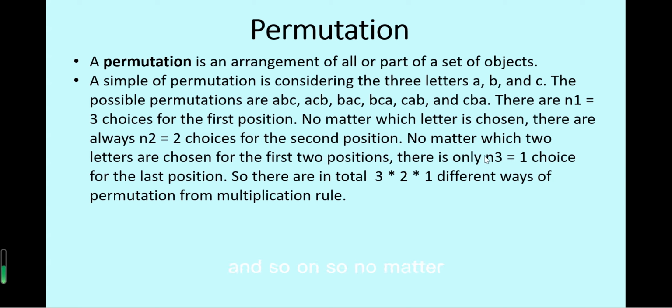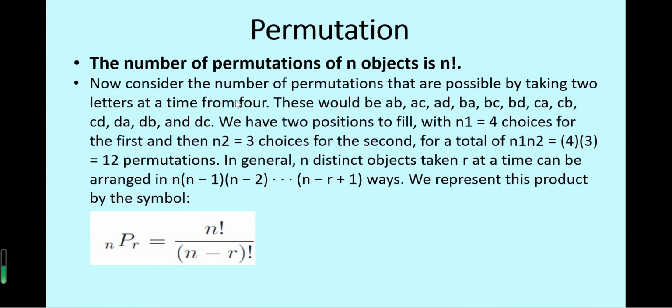And no matter which 2 letters are chosen for the first 2 positions, there is only 1 choice for the last position. So there are in total 3 times 2 times 1 different permutations, from the multiplication rule, showing how many different ways there are to arrange these 3 letters.